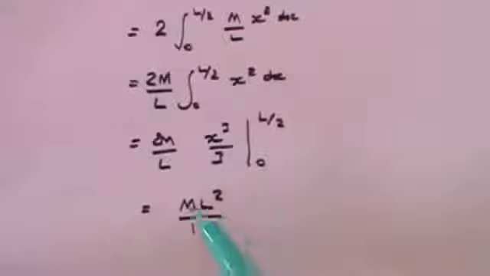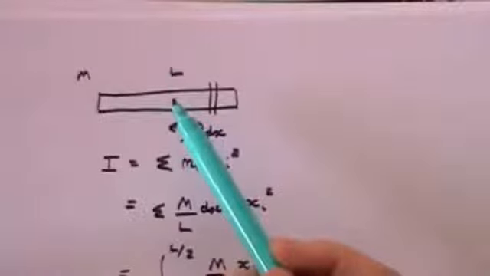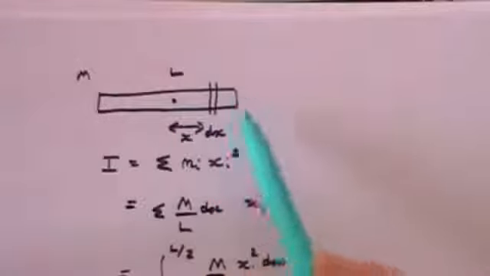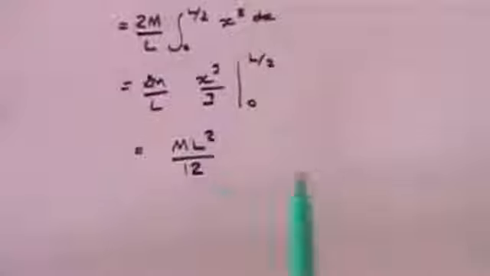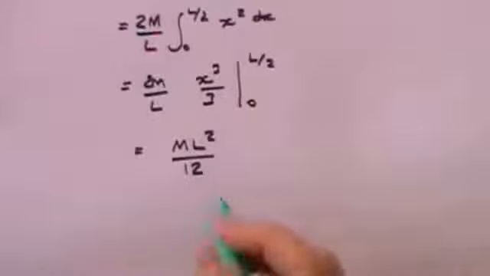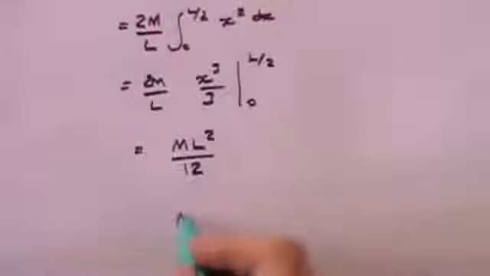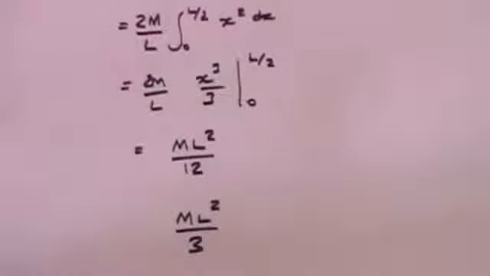So our dimensions are right because it's still a mass times a distance squared. But that is the moment of inertia when you pivot the rod in the centre and swing it around that central point. And you can compare that with a rod that was pivoted at the end, where the moment of inertia was mL squared over 3.